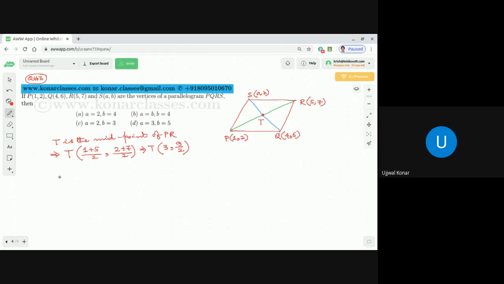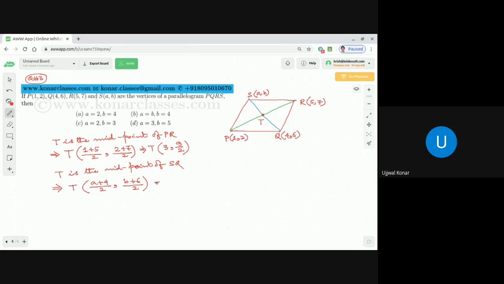And also T is the midpoint of SQ. That implies T's coordinates should be (a plus 4) by 2, comma (b plus 6) by 2.